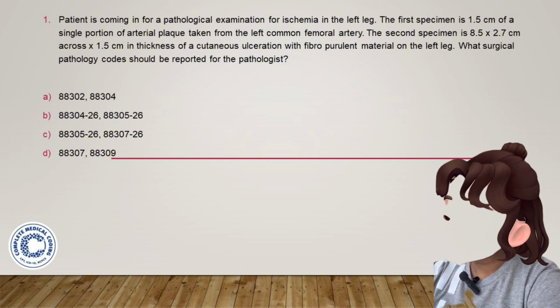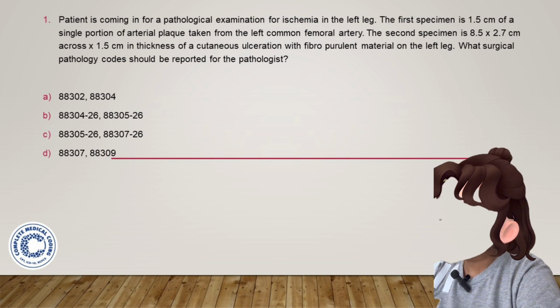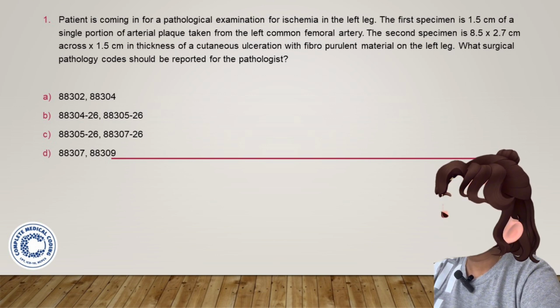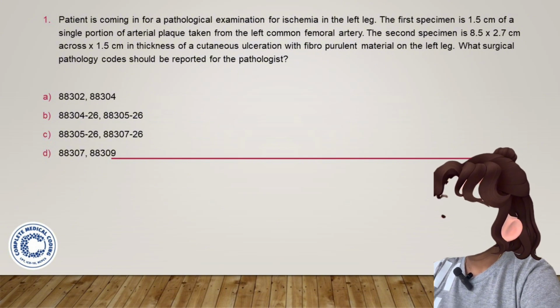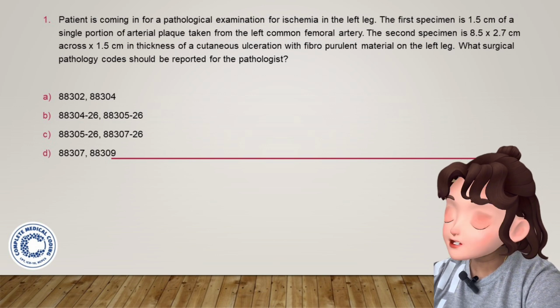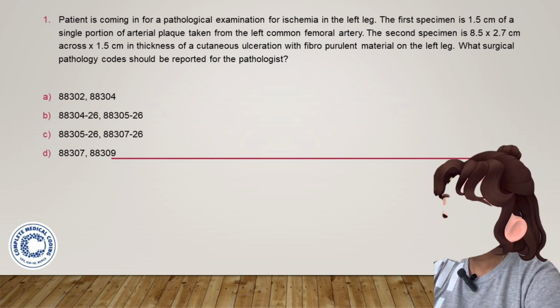So let's look into 88302. In that same guideline paragraph, it's mentioned about the next code. Service code 88302 is used when gross and microscopic examination is performed on a specimen to confirm identification and the absence of the disease. Here, microscopic examination is also there. But still, what does it represent?